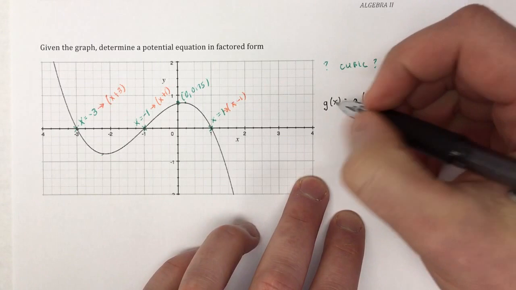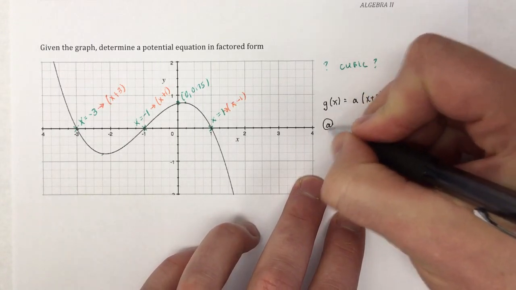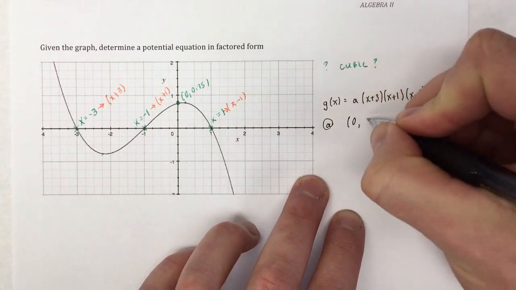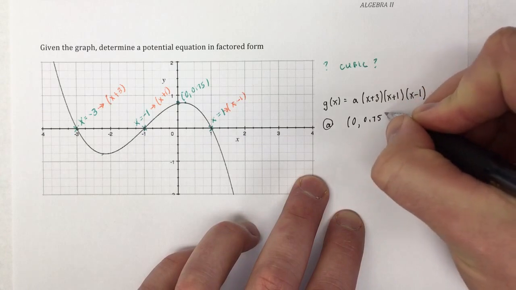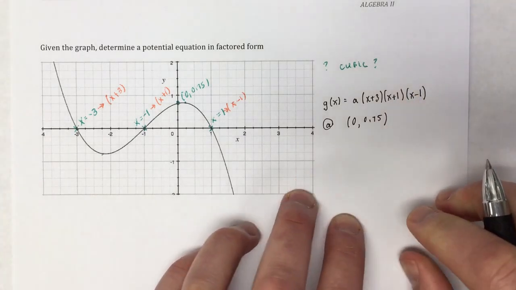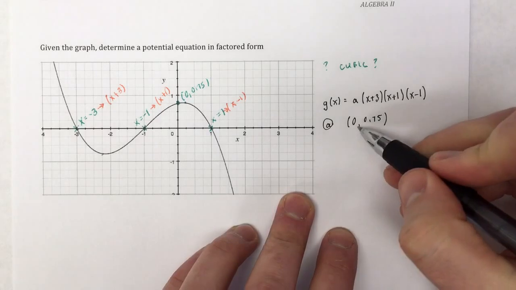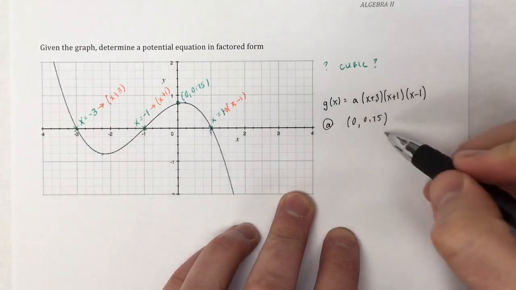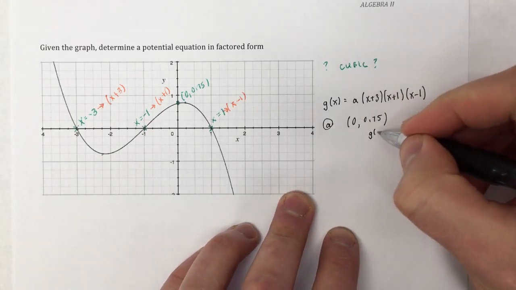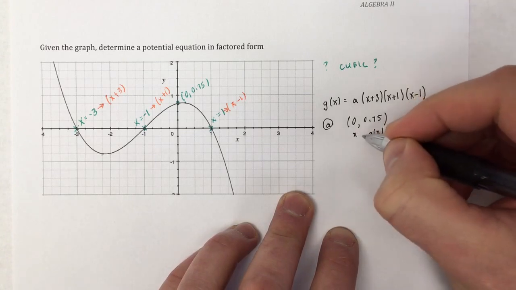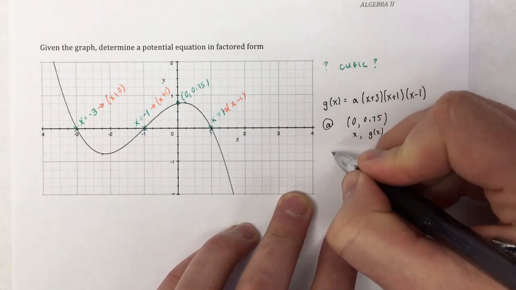I know that the point I'm working with is (0, 0.75). And so the rest is going to be very similar. I'm going to put in 0 for each of the x's. I'm going to put in for g of x the 75 hundredths. And let's begin.